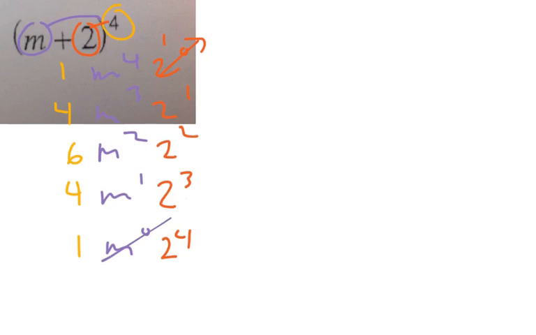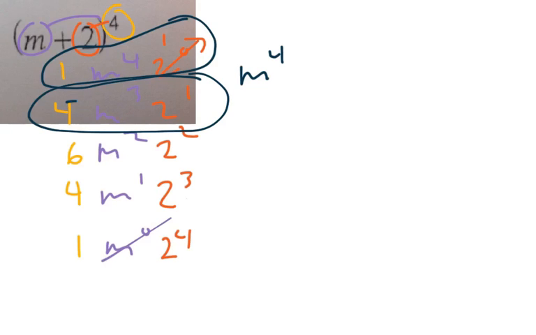We're almost done. We just got to put things together here. That right there is just simply m to the 4. That right there means I have to do 4 times the 2, so I'm going to get 8 m to the 3. That's a 3 there. Okay.